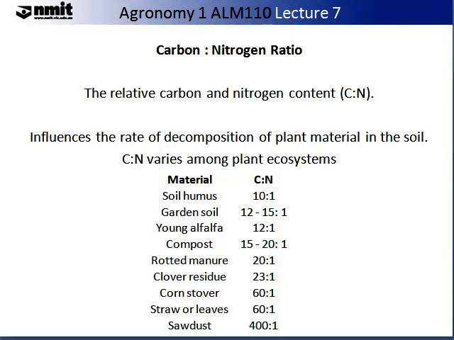The C/N ratio varies among plant ecosystems. Therefore, if you add different conditioners such as soil humus or compost, or you leave young alfalfa on your fields, you will have a different carbon to nitrogen ratio, which will significantly influence decomposition.